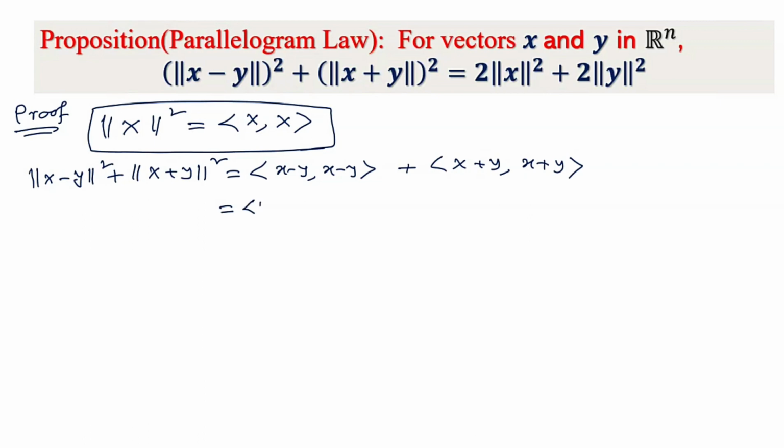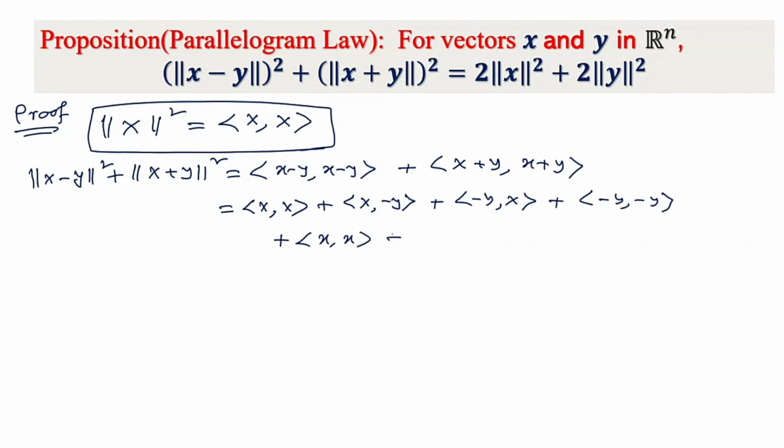So this can be written as the inner product of x x, plus x minus y, plus minus y x, and plus the inner product of minus y minus y. In the same way, the second part you will have the inner product of x x plus x y plus y x plus y y.